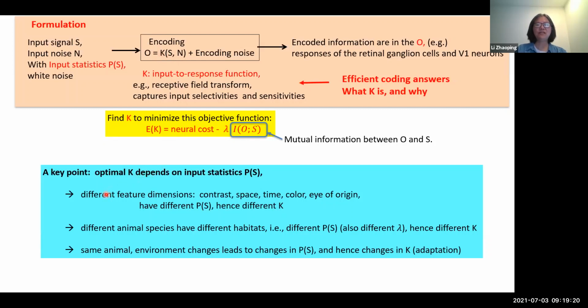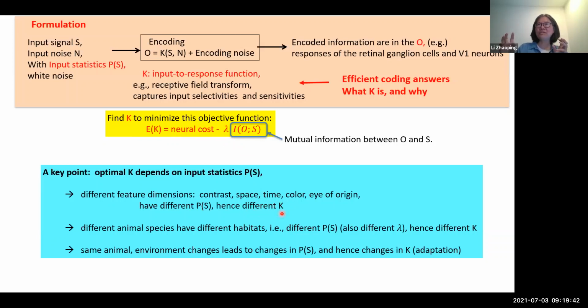So different feature dimensions, whether it's input contrast, input distribution in space, input distribution in time, color, or eye of origin, will be characterized by different probability distributions. Because of that, if you want to optimize this objective function, you will get different residual fields.